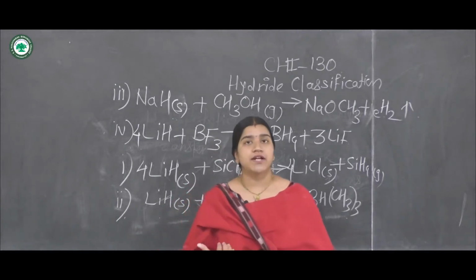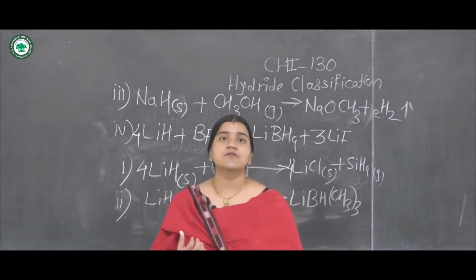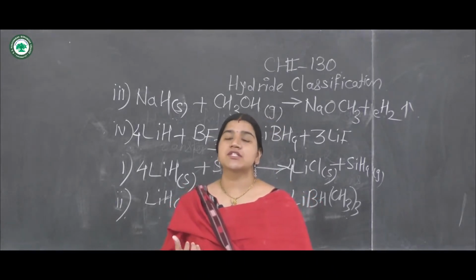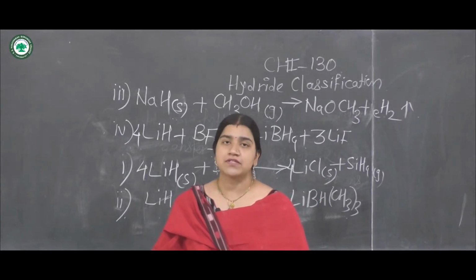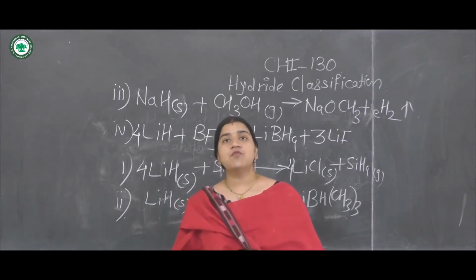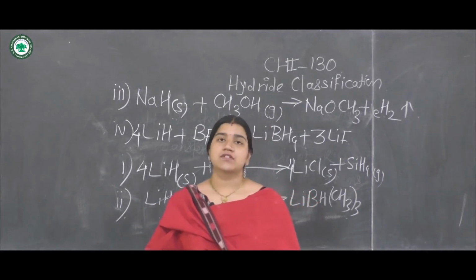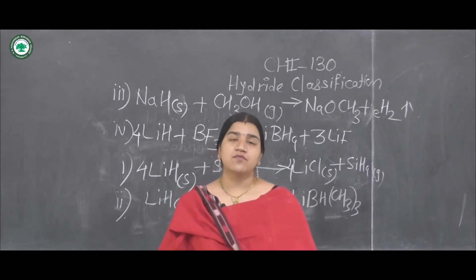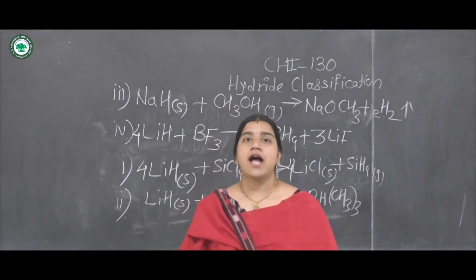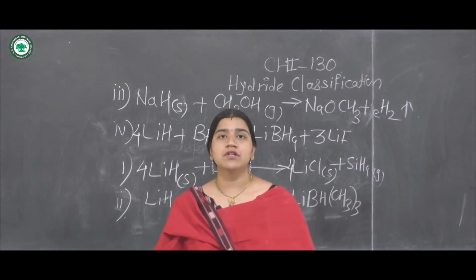The weightage for this chapter is 2 lectures from the second section, that is main group chemistry, and the main focus is on the classification of hydrides. Here our first chapter, that is hydrogen and its compounds, is completed.